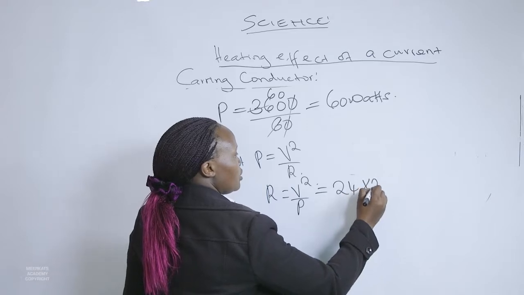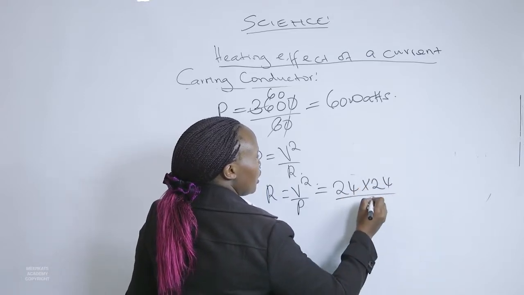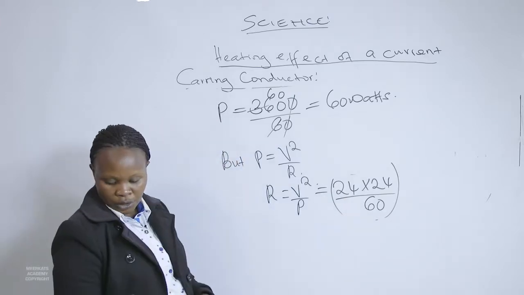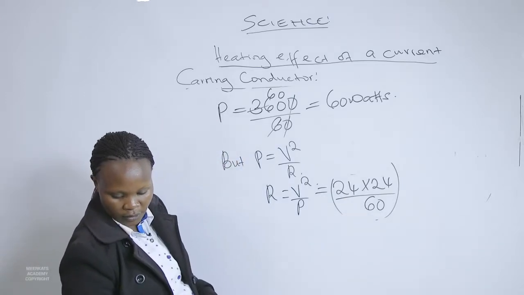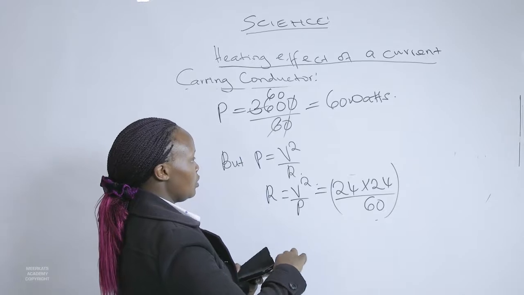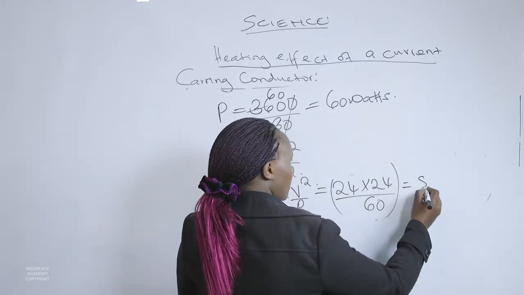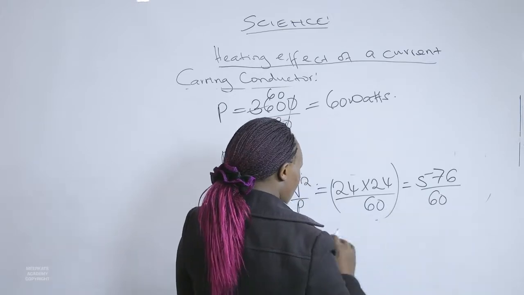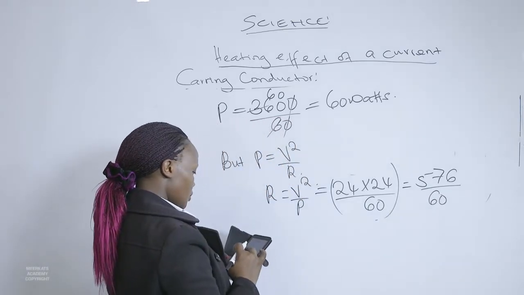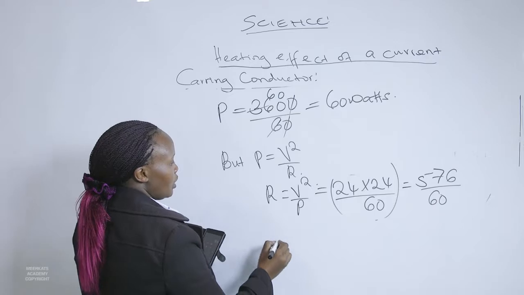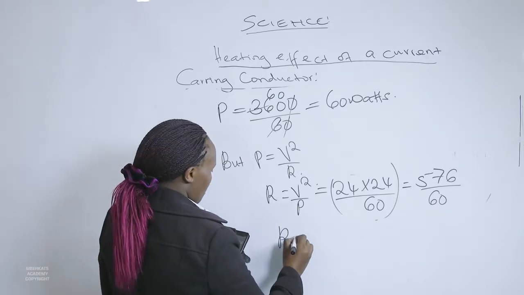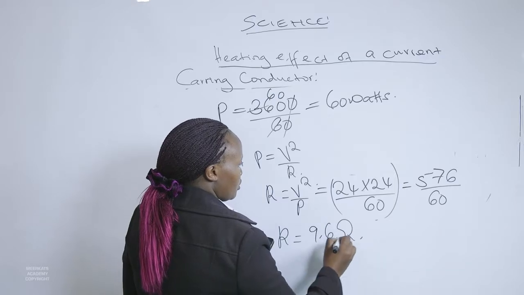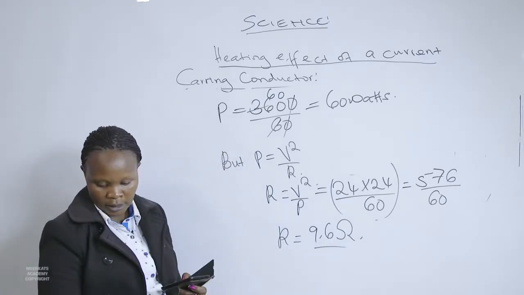We square that and we divide by our power in SI units, which will give us 576 divided by 60, and we have a resistance of 9.6 ohms.